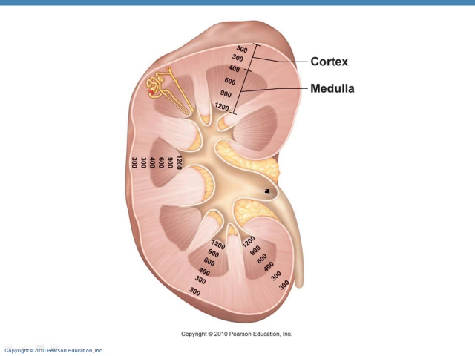Read it a few times. They talk about something called a countercurrent mechanism, and I'm not going to get too crazy about that. That's what this osmotic gradient in the renal medulla versus the renal cortex is talking about.